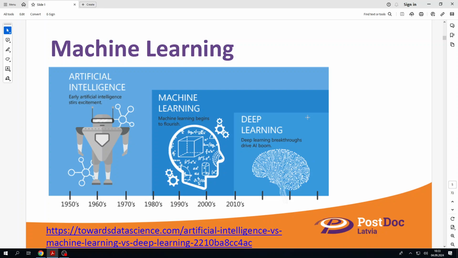The first experiments on trying to make machines somewhat intelligent were as early as the 50s of the previous century, after the World War, basically. Of course, back then we did not have such computers, we did not have such technologies, we didn't even have integrated circuits, so it was quite limited.